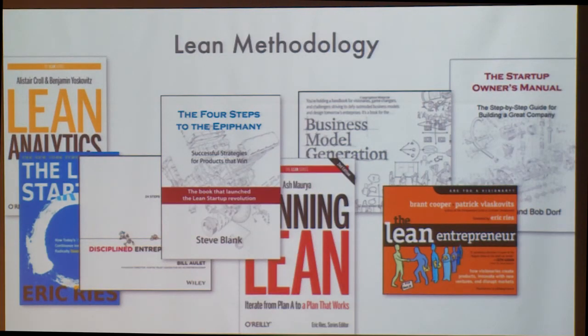So again, these are some of the tools that we use. I would recommend for you guys in particular, if you're trying to do something in the medical, med tech space, or if you're going down the FDA approval path, really try to look at 4 Steps to Epiphany, which is Steve Blank's book. It's a little bit more rigorous.